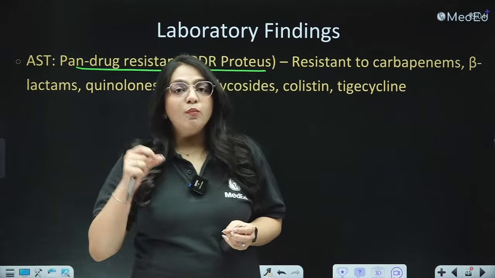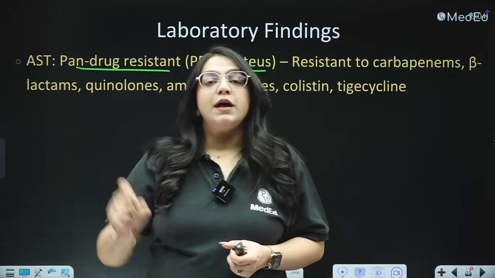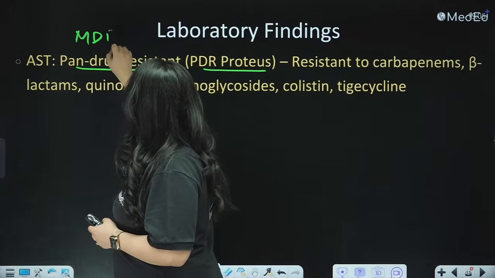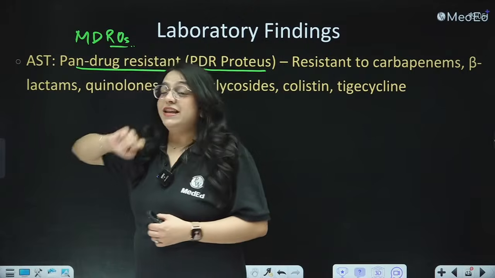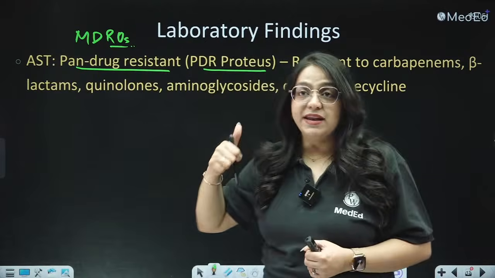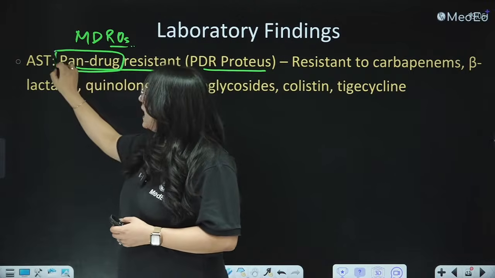It becomes even more important when it is acquired from a hospital setting, because in the hospitals we know that MDROs, multi-drug resistant organisms, are very commonly found. Here what did the patient get? Very unfortunately, a pandrug-resistant organism. When do we call it pandrug?